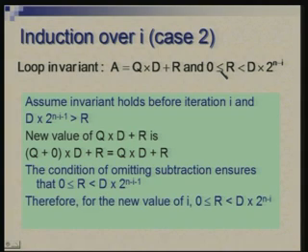So with the new value of i, r lies in range 0 to 2 raised to n minus i. So in this case also the invariant holds, and therefore we have rigorously ensured that we have a correct algorithm. Now, we will modify it and improve it, so that we get a suitable hardware implementation. Is there any question so far?